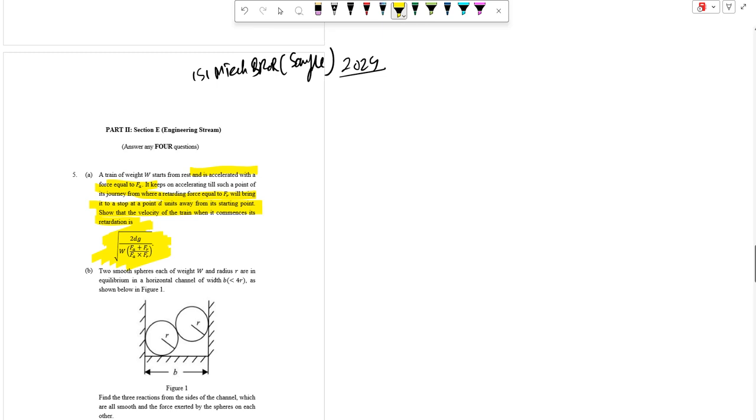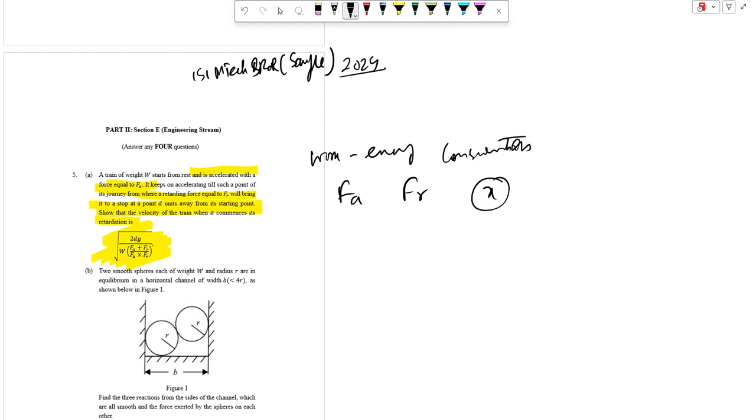So to solve for the velocity of the train when it comes to the retardation, we can use the principle of work energy conservation. Let the acceleration force Fa be given, the retardation force be Fr, and the distance travelled before it stops in the acceleration be x.